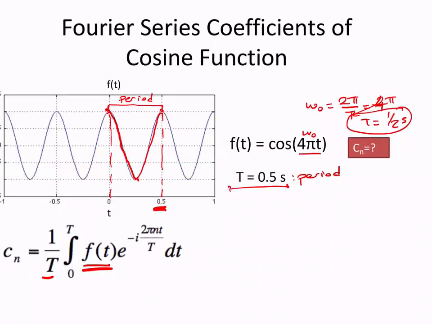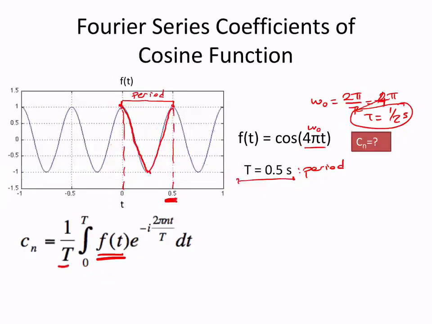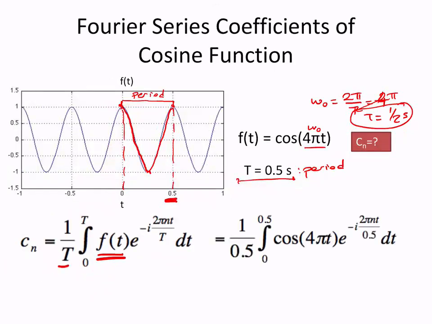And then you're going to see that this is like 1 over 0.5 I put here. And my period is 0.5. The boundaries of my integration is going from 0 to 0.5. And then I'm going to put cosine 4 pi t, and then e to the power j 2 pi n t over 0.5, okay?